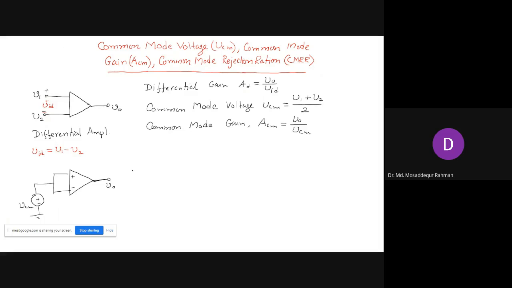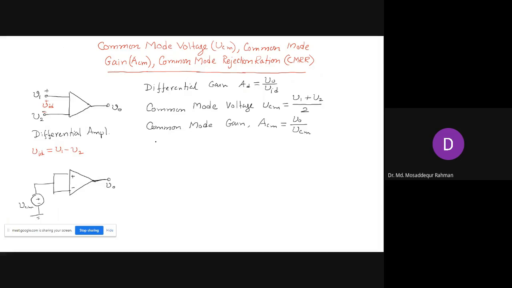So there is a differential amplifier with common mode input. But in general, if you consider this first circuit, the differential amplifier has both the inputs at the same time. You have the common mode voltage and also the differential voltage at the same time.